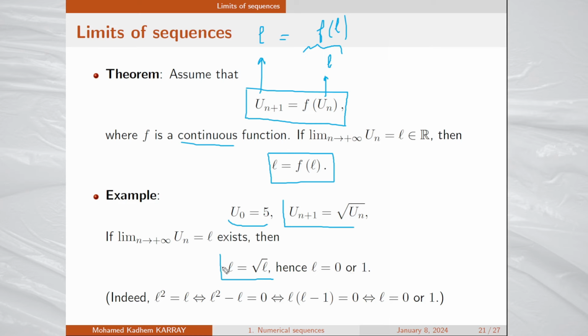Indeed, from this equation, we can deduce that L squared equals L. Then you get this term on the left side of the equality to get that L squared minus L equals 0. So L multiplied by L minus 1 equals 0, and hence L equals 0 or 1. So this is a way to get the limit when you have that un plus 1 is a continuous function of un.